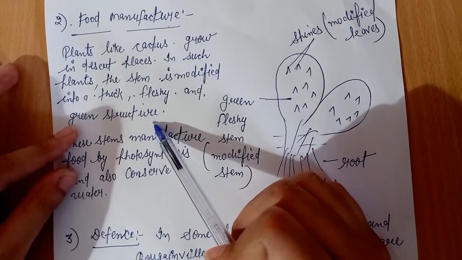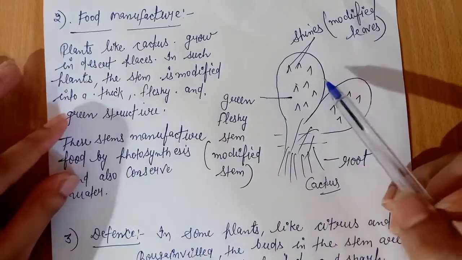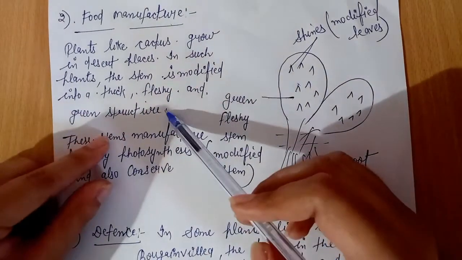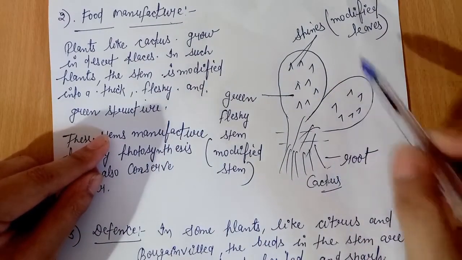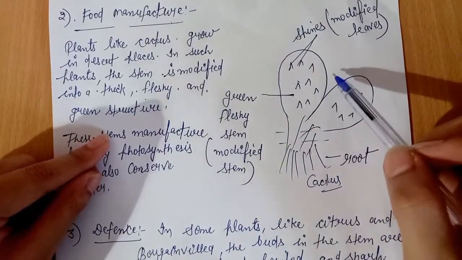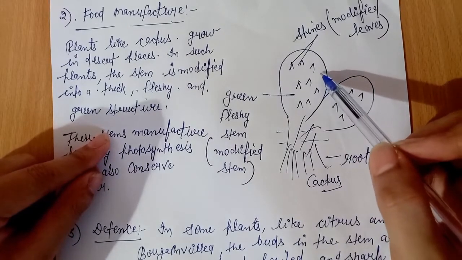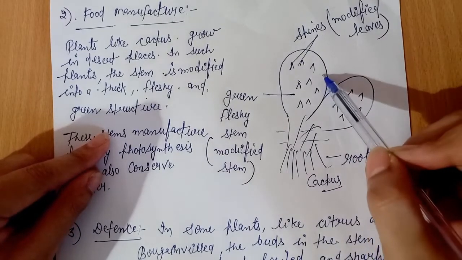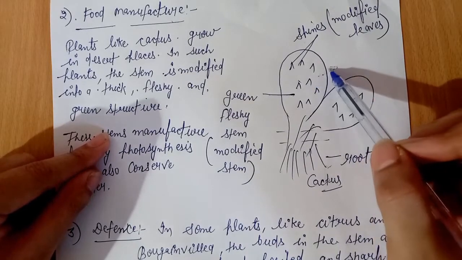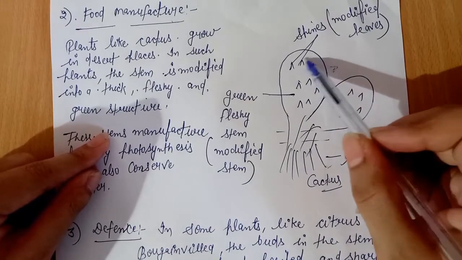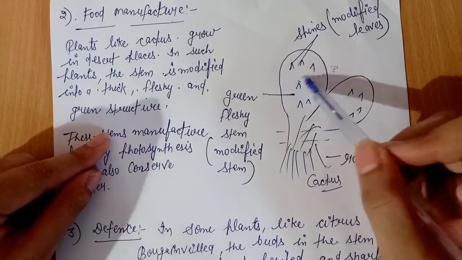Because they store food in them, and they also take part in photosynthesis and prepare food. In the cactus plant, leaves do not take part in photosynthesis, while the stem takes part in photosynthesis, prepares its own food and stores it in the stem region.